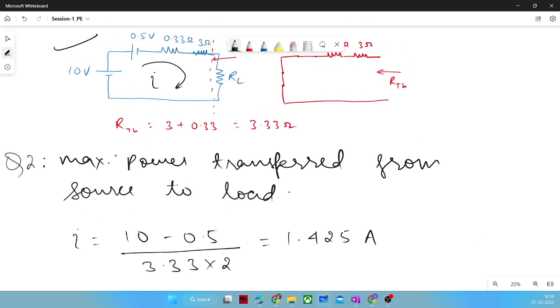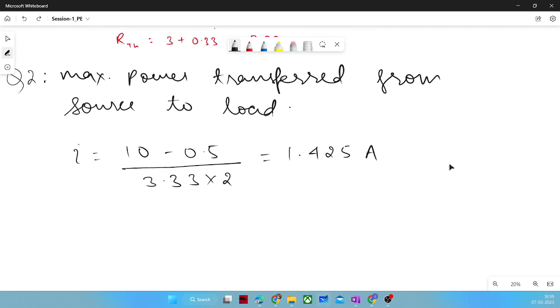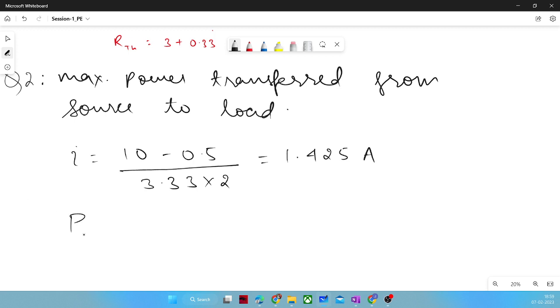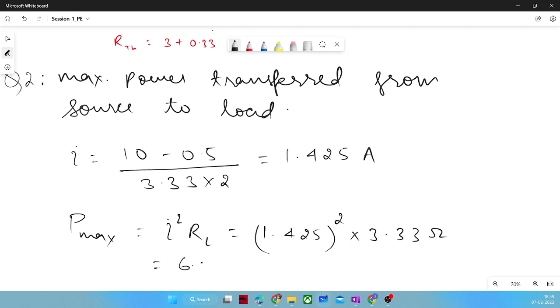And if we get the value of current, we will compute the power I square RL. So maximum power will be I square RL, that is 1.425 square into 3.33 ohm, and that will lead to 6.76 watt.